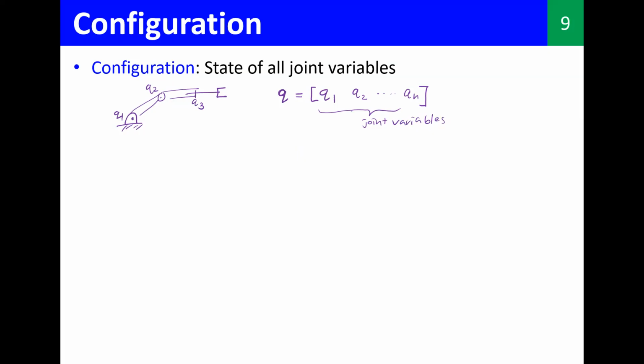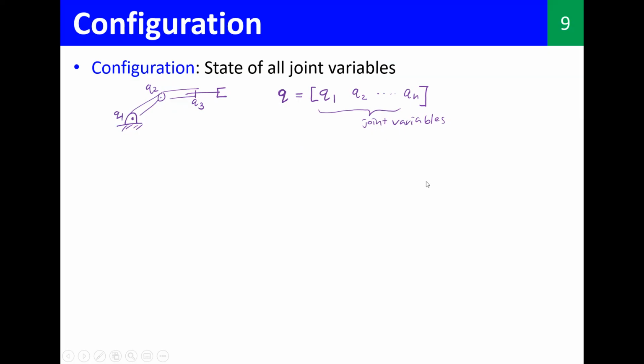Variables because those will change. We will have some kind of actuating mechanism connected with the joint. So when we actuate either a motor or any other mechanism, all of Q1, Q2, and Qn will change.